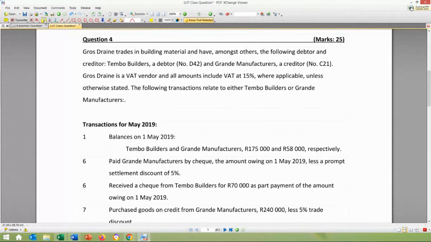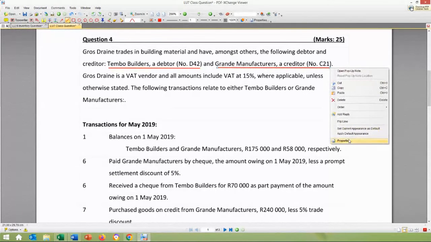Grant Manufacturers trades in building materials and has, amongst others, the following debtor and creditor. So Timber Builders is your debtor and Grant Manufacturers is your creditor. Okay, now I'm going to use the same color because I can actually change the colors here.